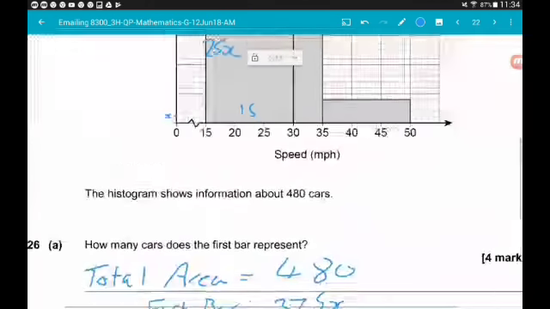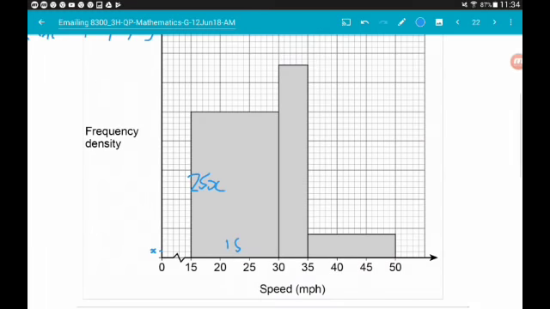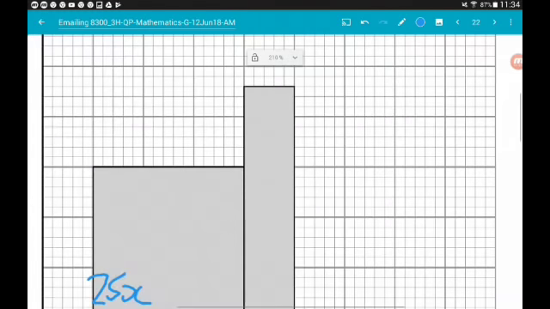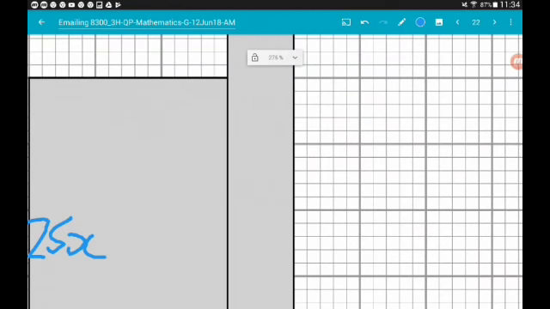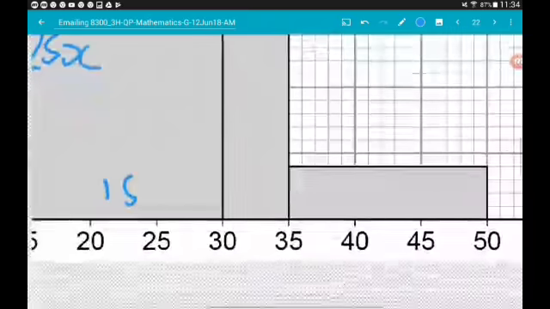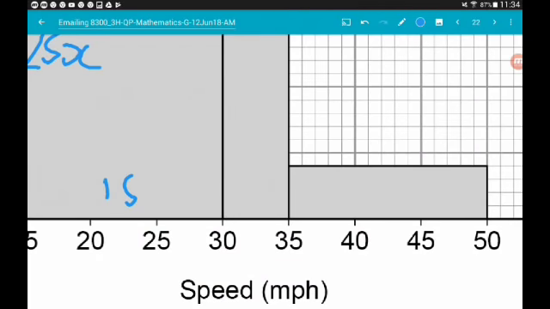Okay, for the second bar, this time we're going 6 big squares, which is 30x, and then another 3 little squares. So the height of this one is 33x, and the interval width is 5.